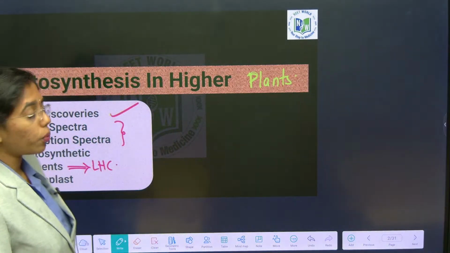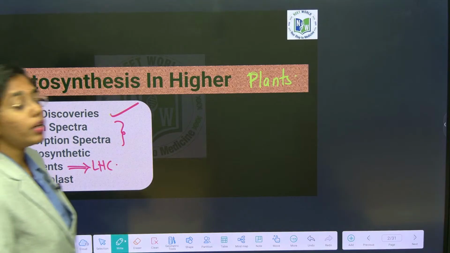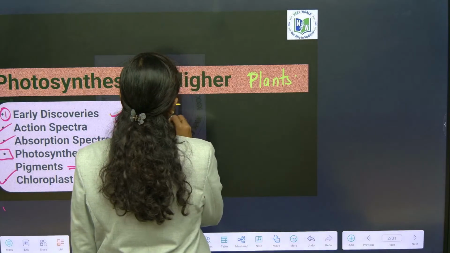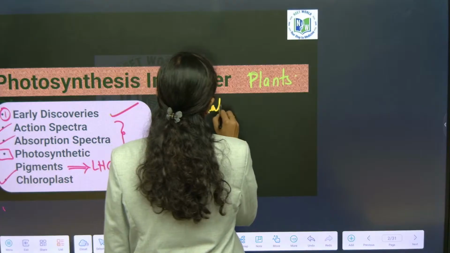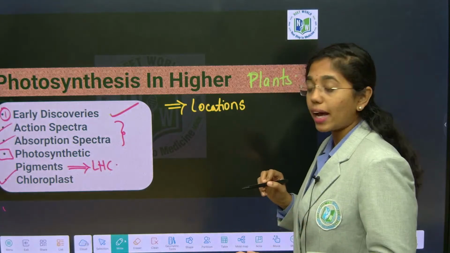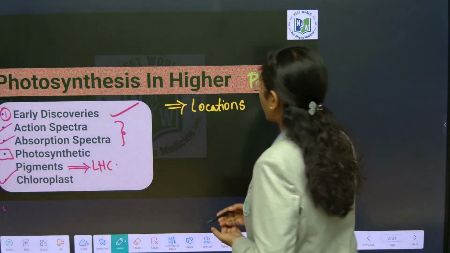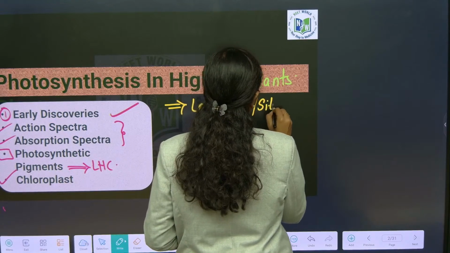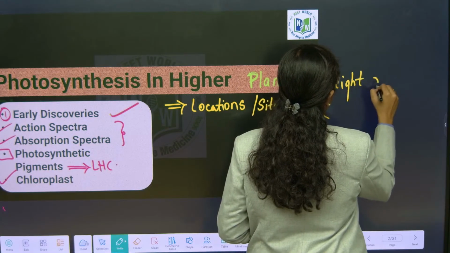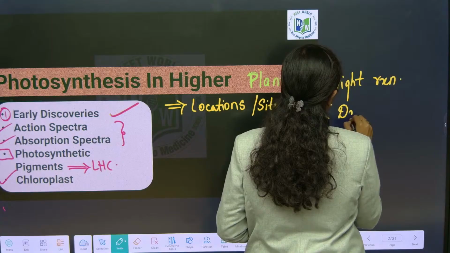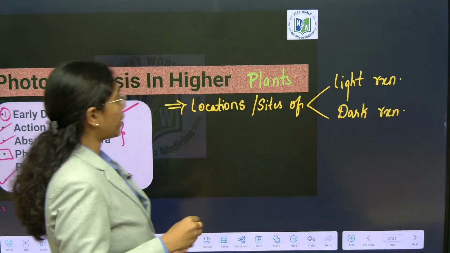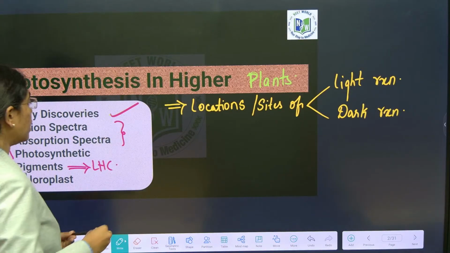After learning the chloroplast organelle in detail, you have to move on to locations of light reaction and dark reaction, where the sites are that light reactions and dark reactions occur inside the chloroplast, that you have to know.